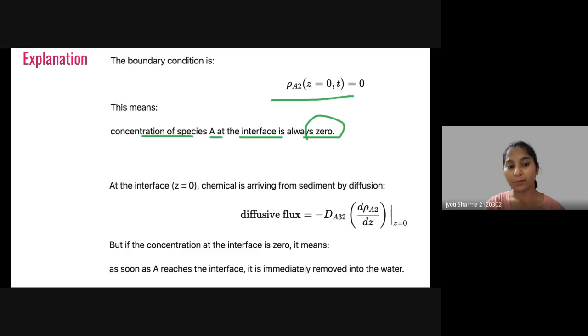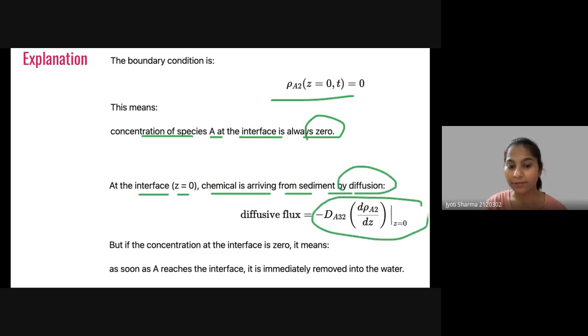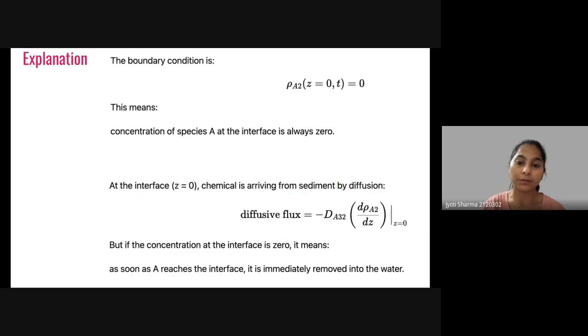How is it possible? So this is at the interface, that is z equal to 0, chemical is arriving from sediment by diffusion, and we already know that this is your diffusion term, but the concentration at the interface is 0. Why is this 0? Because as soon as A reaches this interface, water will immediately remove it by the convective flow. So that's how we are saying it is equal to 0.